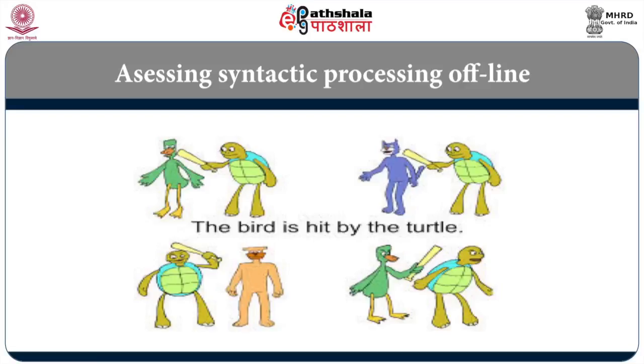Of course this is an offline test originally, but it can be made online by presenting it on the computer, having the participant take the mouse and click on the correct picture. In these 4 alternatives, a turtle is hitting the bird, a turtle is hitting a monkey, a monkey is hitting itself, a bird is hitting the turtle. But you are supposed to choose the one matching: the bird is hit by the turtle.